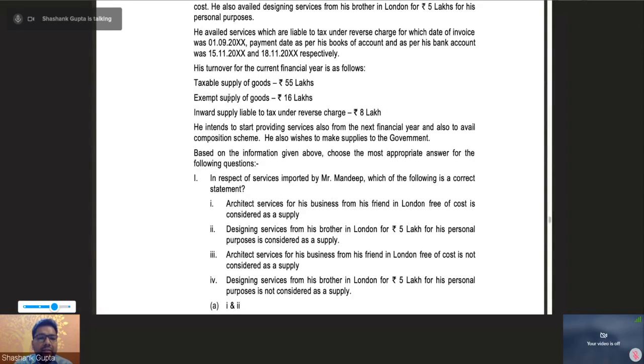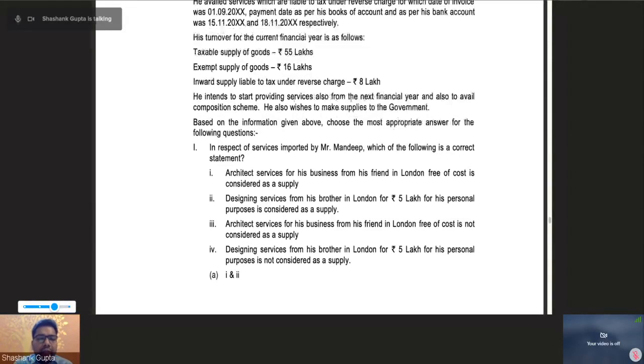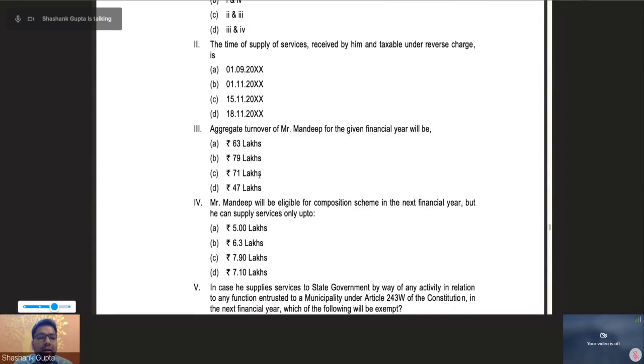So that is 55 lakhs. Whether exempt supply will be considered? Yes. So 55 plus 16 is 71 lakhs. Whether inward supply liable to tax under reverse charge will be considered? No. Any other figure? No other figure. So what will be the aggregate turnover? 71 lakhs. That is C option.